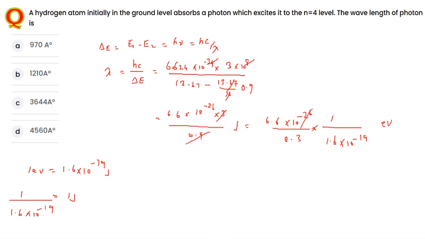From this you cancel and divide by 0.3. So what you get here is approximately 97 into 10 power minus 9, sorry, this is minus 9 meters. So the answer in this case is 970 angstrom.